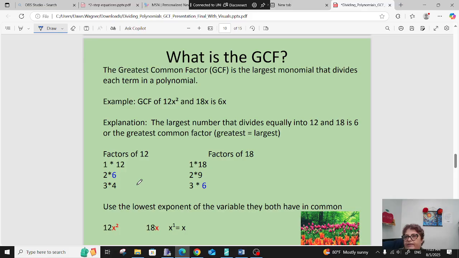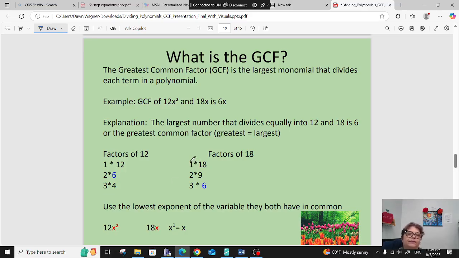Everybody agree with that? Okay. For 18, all the whole number combinations to multiply to get 18 are 1 and 18, 2 and 9, 3 and 6. What's the biggest number that these lists have in common? 6. So 6 is going to be the coefficient that they have in common.